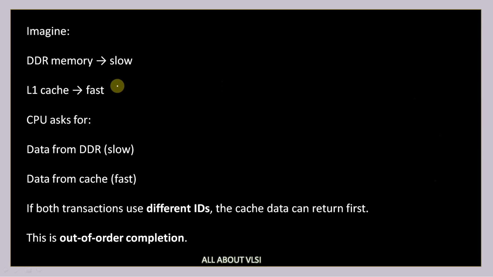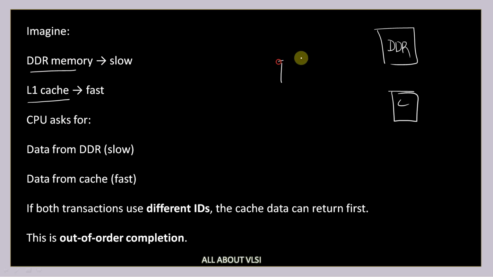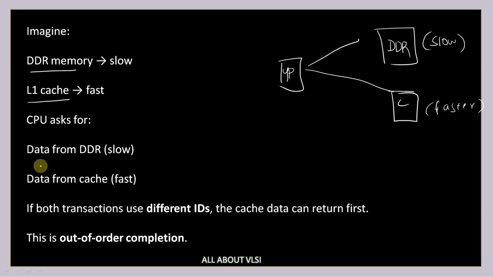Now let's see one example. Let us say we have one DDR memory and some L1 cache, and this is our processor which is communicating with this DDR and this cache. Let's say this DDR memory is a little bit slow and the cache is faster. Now the CPU is asking for data from the DDR, which is a slow memory.